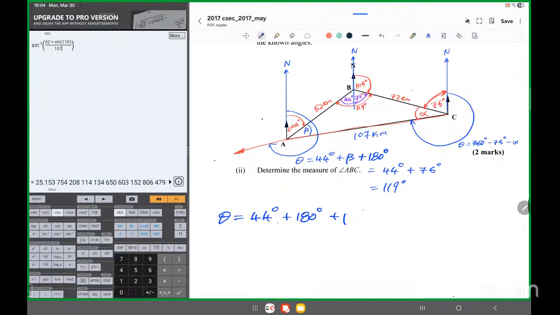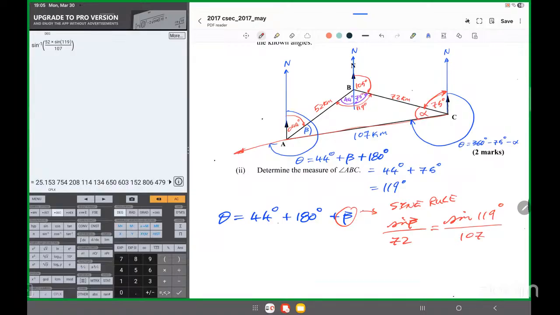I want to use the sine rule for the beta now. Sine of beta over the side opposite the beta, which is 72, equals sine of the angle that you know, which is 119, over the side opposite the 119, which is 107.